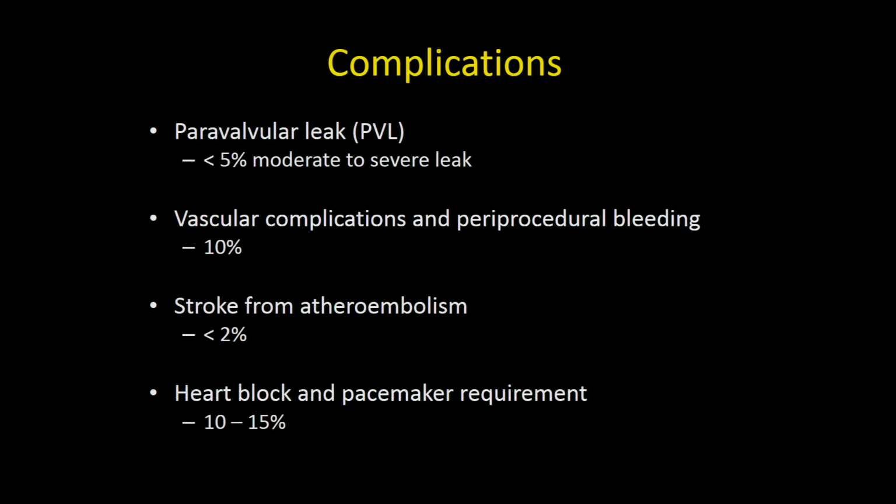Now the risk of vascular complications is much lower, about 10% or less, anywhere from just a hematoma to something requiring intervention, like either an angioplasty or some minor vascular procedure.